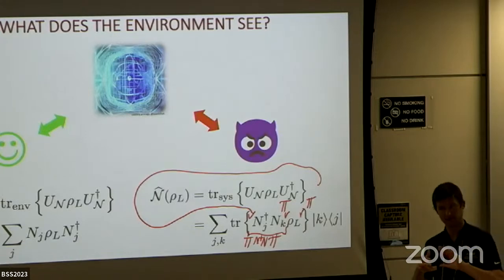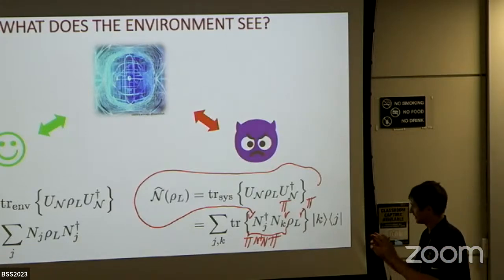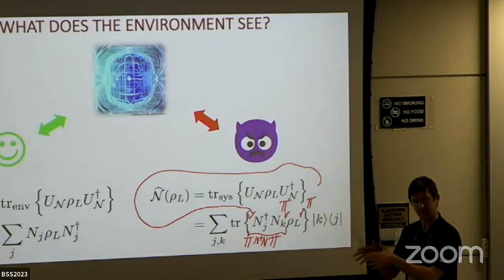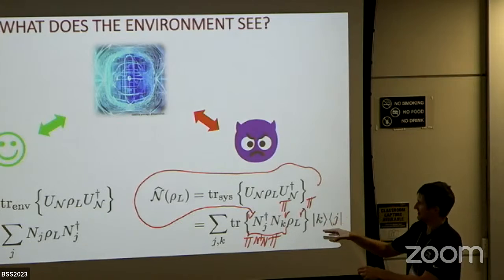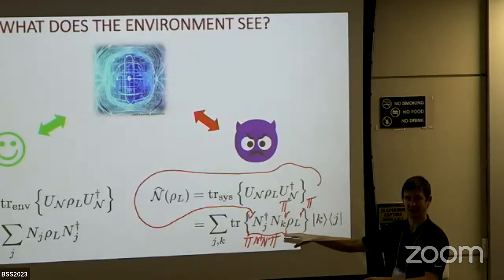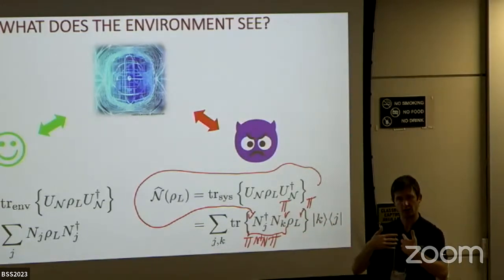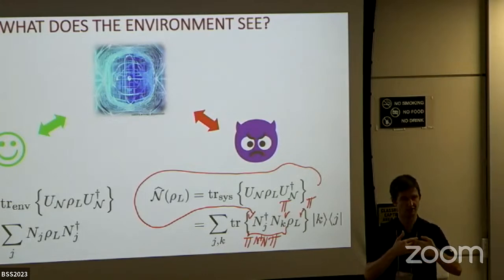And if you have situations where the environment will get some information out, this state will contain that information. Looking at the trace distance or some other norm, some other distance or fidelity of that state with respect to the state that you would have had if you corrected those errors exactly will help you quantify how well your code is doing against the noise channel, okay?